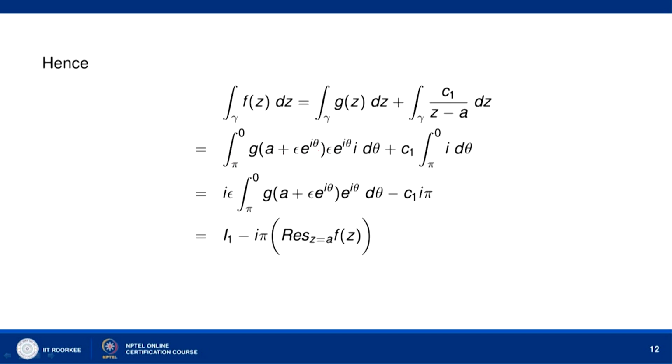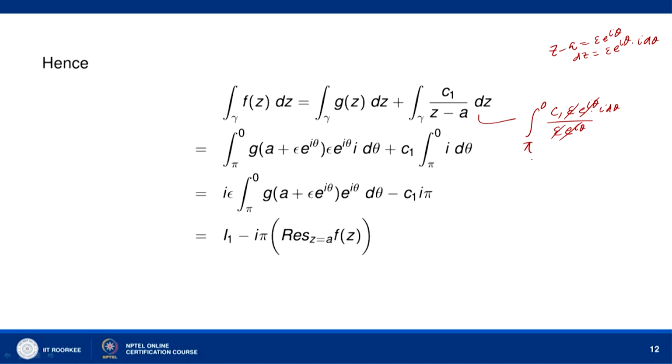For the second part, the integral from pi to 0 of c1, we have z minus a equal to epsilon e to the power i theta, and dz becomes epsilon e to the power i theta into i d theta, and we cancel out these.